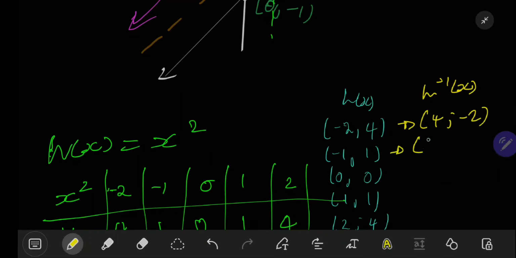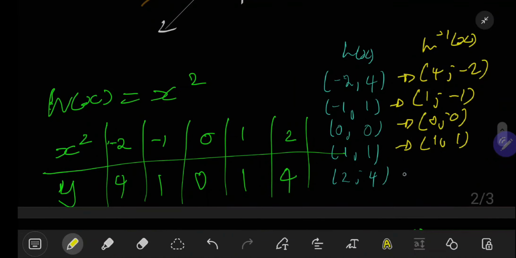Then this one will turn into 1 is to -1. Then this one will remain the same. Then this one will be 1 is to 1 again. And then this one will be 4 is to 2. Then now you know the coordinates for the inverse and for the original function.